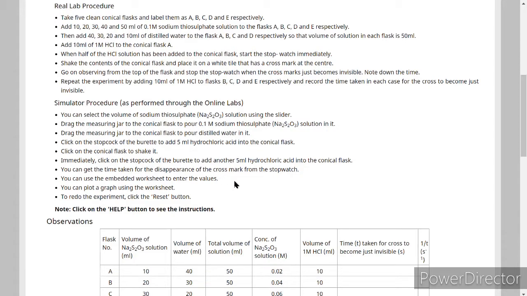The reaction occurs, and we see the change in the solution: the cross mark at the bottom of the flask will become invisible because the solution becomes more opaque.